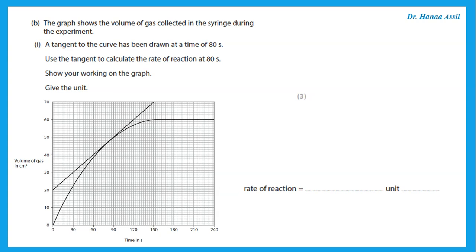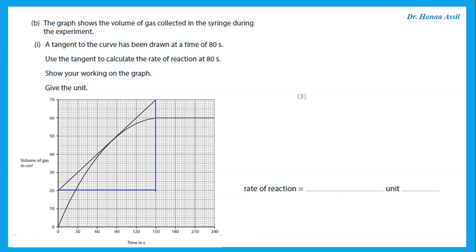Here, he already drew the tangent for us. In order to get the rate, we get the slope of the tangent. Slope means the difference in the y-axis divided by the difference in the x-axis. So according to this graph, the rate is about 0.33 centimeter cubed per second.